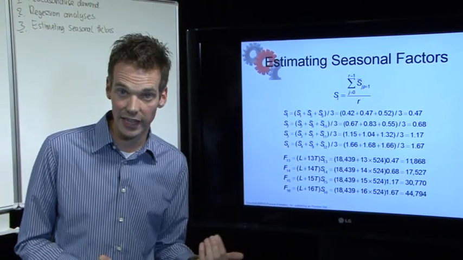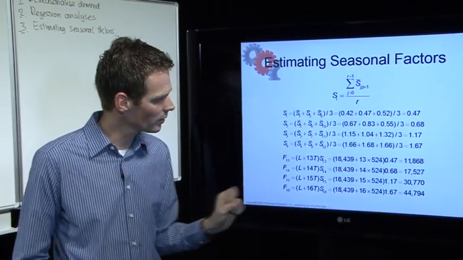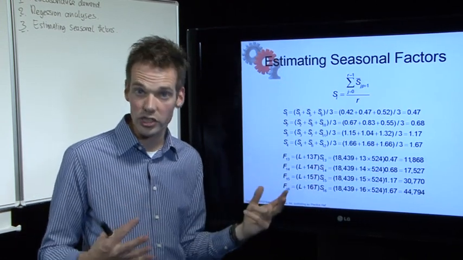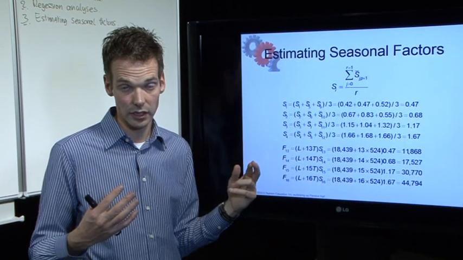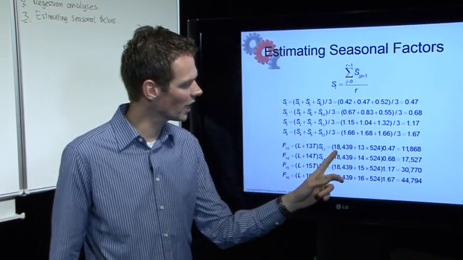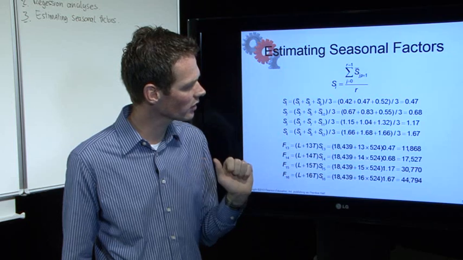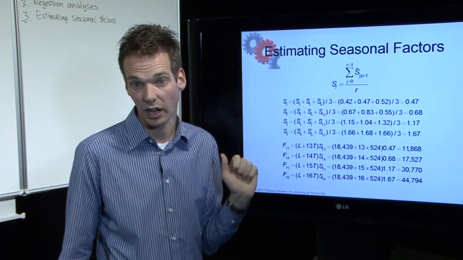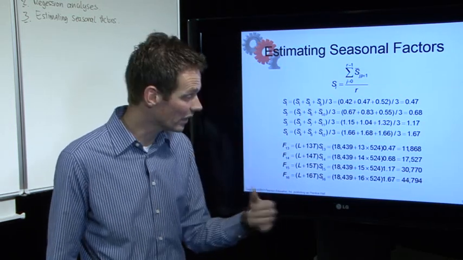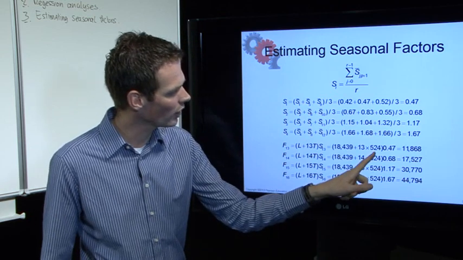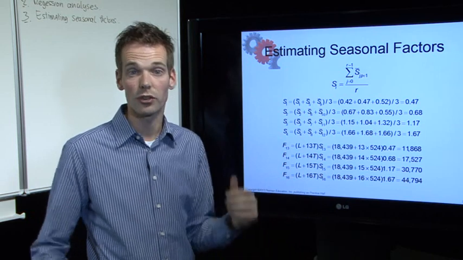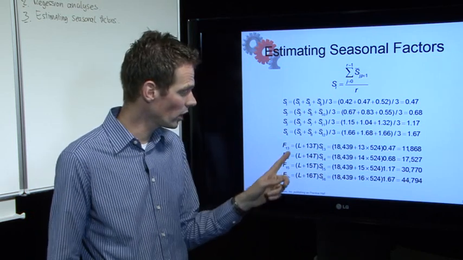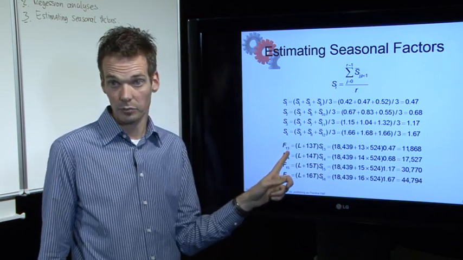From regression analysis we came up that the level, so the starting point of the forecast, was 82,439. The trend is 524. We do this times 13, as we are now in the 13th period.